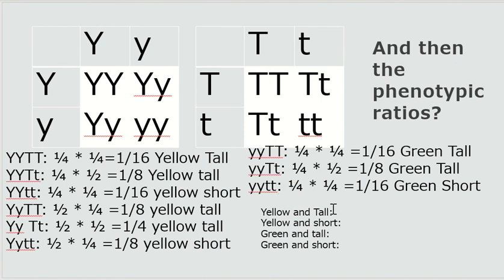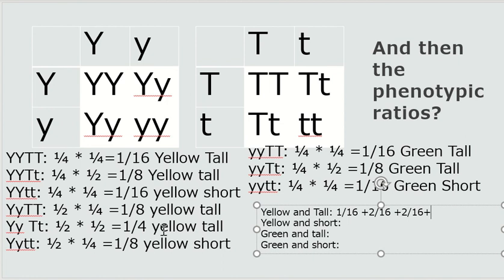Now we just have to do some simple addition, but remember, we need to have common denominators. So how many are yellow and tall? We have this one here, so that's 1 out of 16 for that one, and we're going to add it to this one here, which is 1/8. 1/8 is the same as 2/16, right? Because 8 times 2 is 16, so 2 over 16 plus here we have another yellow and tall, another 1/8, same deal, 2 out of 16 plus here we have another 1/8.